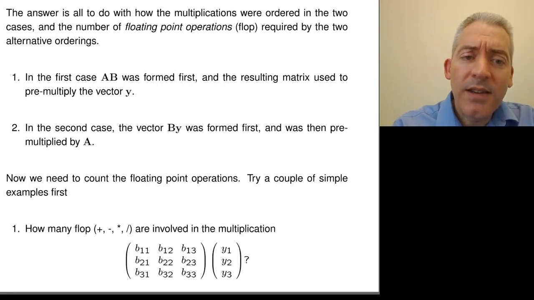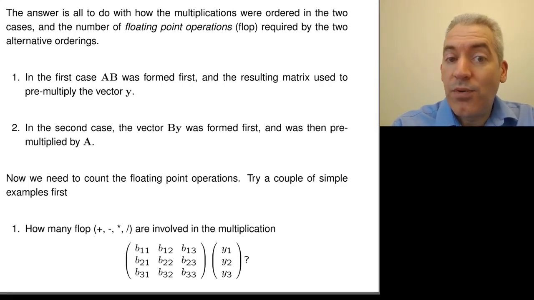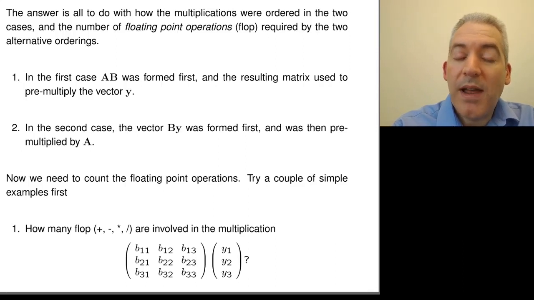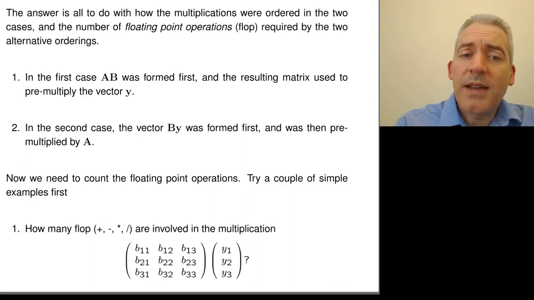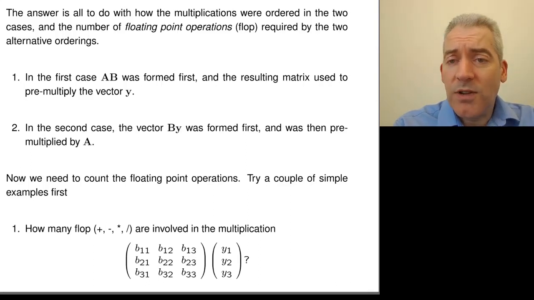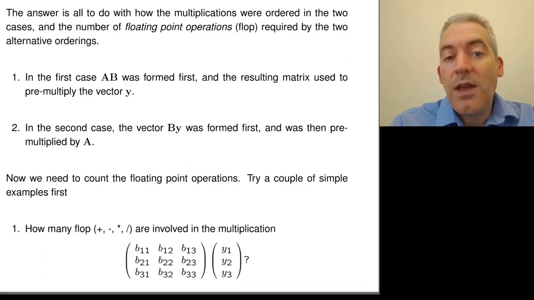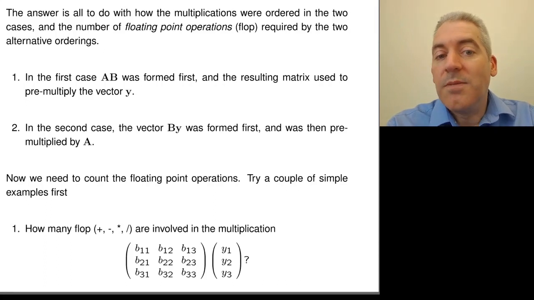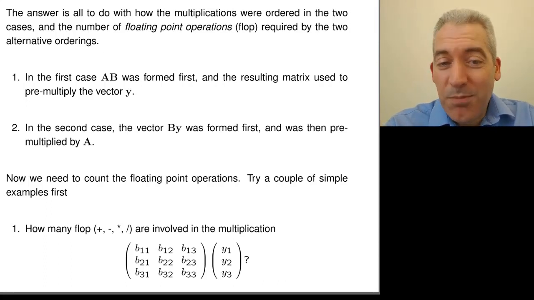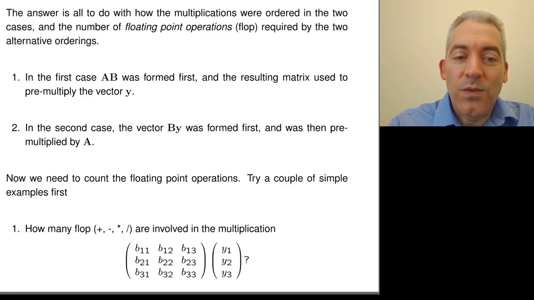Whereas in the second case, we formed the vector product BY first, which is a matrix-vector multiplication, and then pre-multiplying that by A is another matrix-vector operation. So the big difference is that in the first case we had a matrix-matrix product, whereas in the second case we never had one. We only had two matrix-vector products, and those are cheaper than matrix-matrix products.